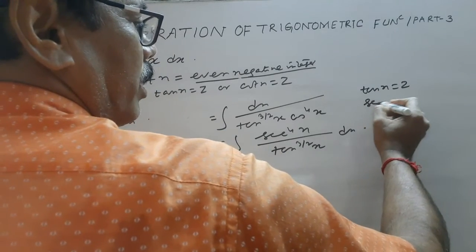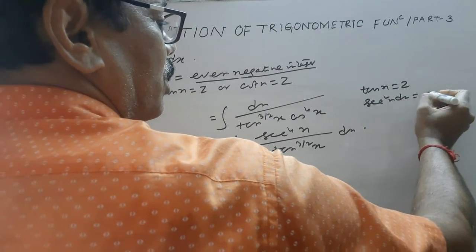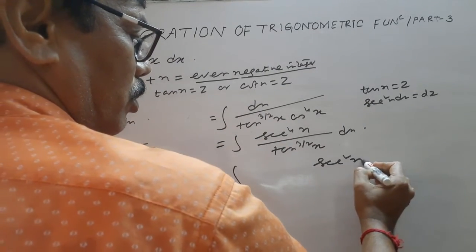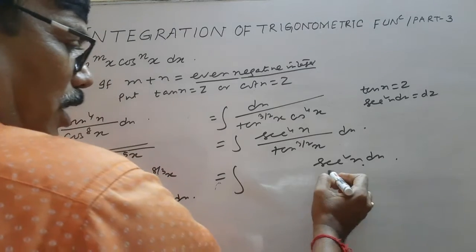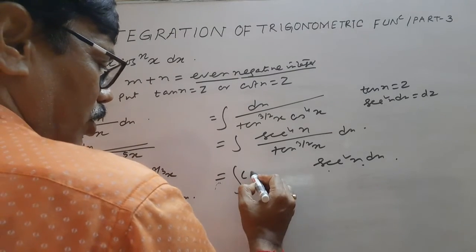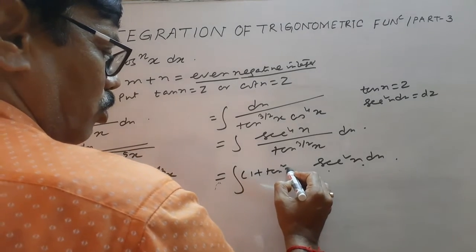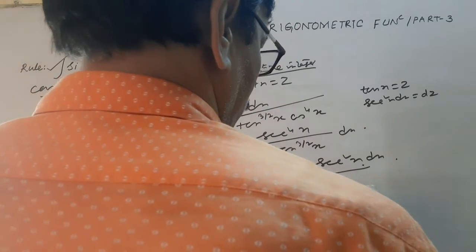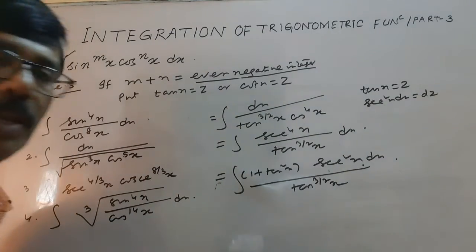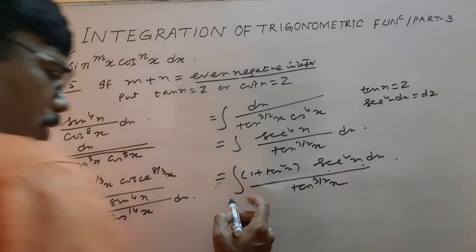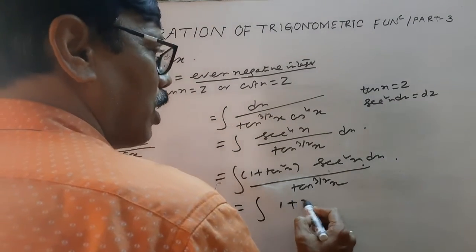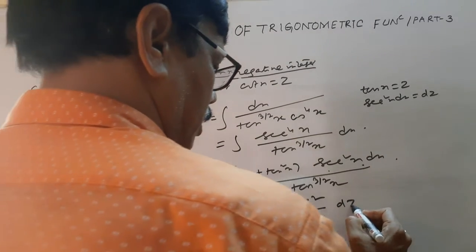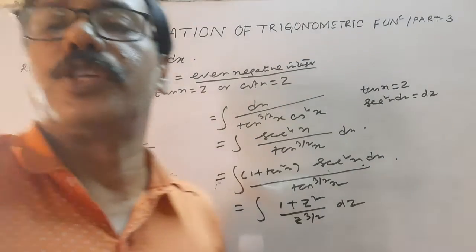Now we know tan x equals z, so sec square x dx equals dz. Keep one sec square x separately, and the other is 1 plus tan square x, over tan to the power 3 by 2 x. Now put the transformation: 1 plus z square by z to the power 3 by 2 dz.